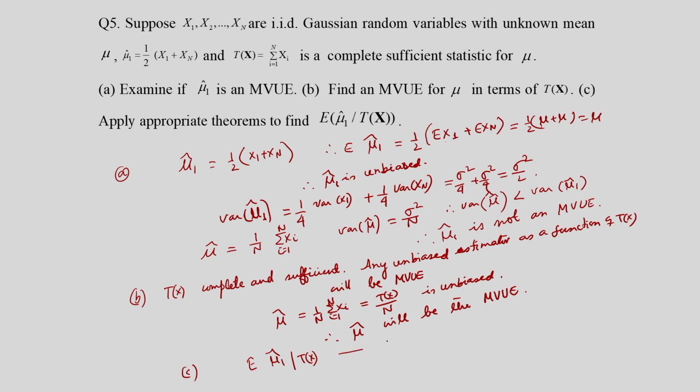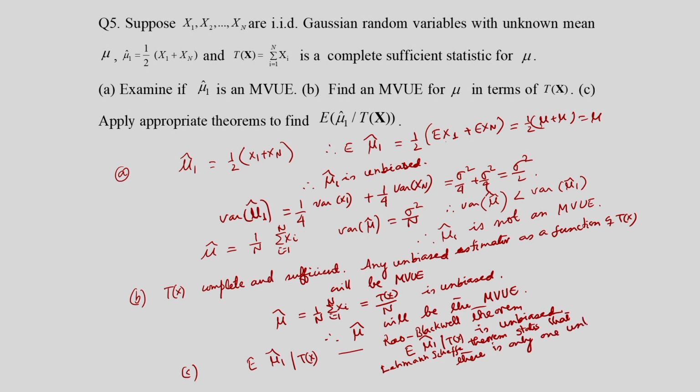Now, according to the Rao-Blackwell theorem, this quantity E of mu1 hat given Tx is unbiased, and the Lehmann-Scheffé theorem says that there is only one unbiased estimator as a function of Tx.